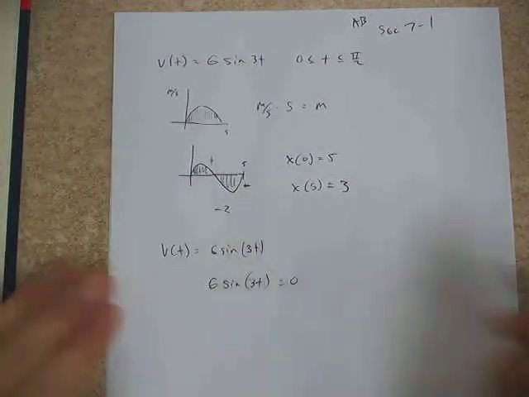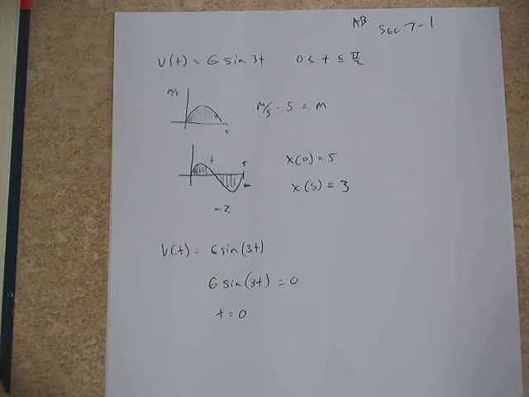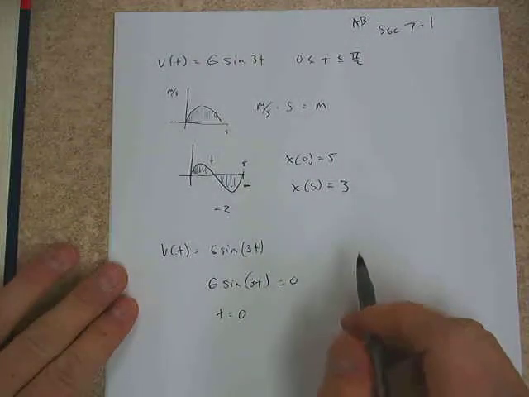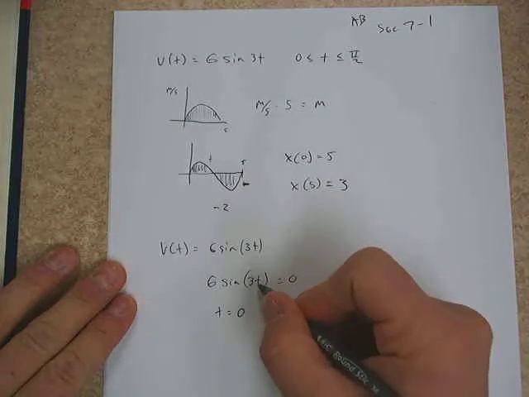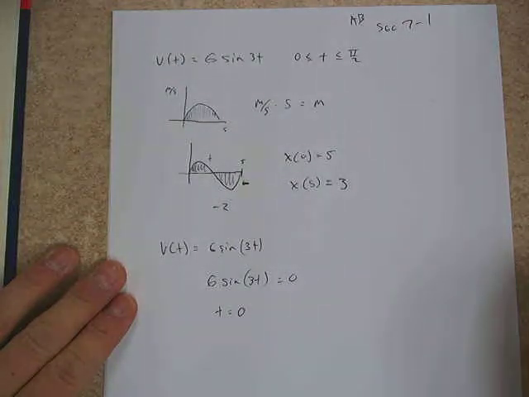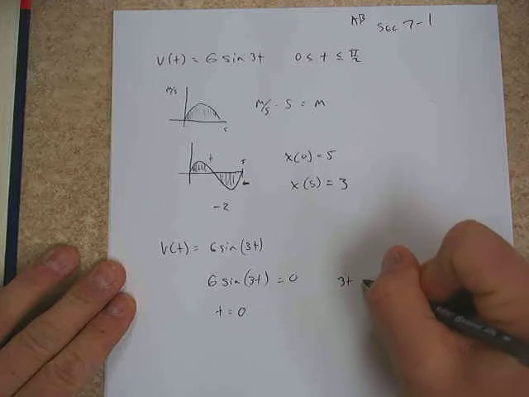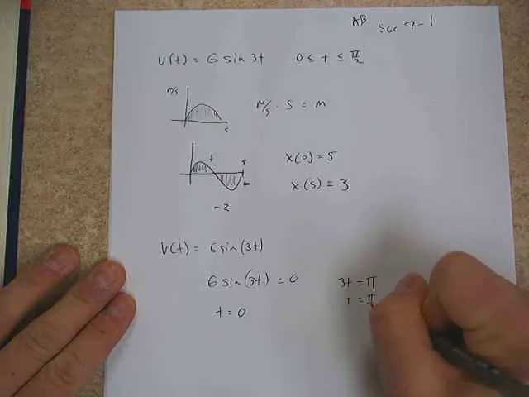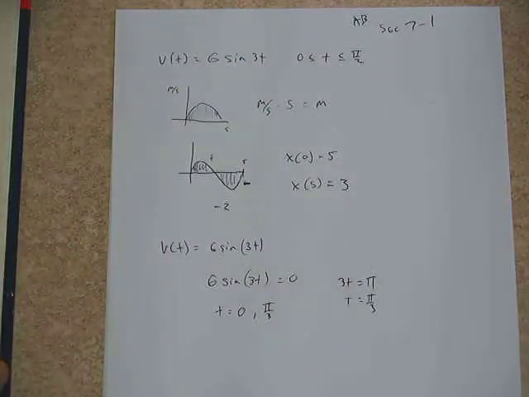Well, we know that at 0 itself, that's going to be a candidate, because if time was equal to 0, we'd have 0. We also know that sine becomes 0 again at pi. So to have pi here, the question is, what would the t have to be to give us pi? Well, if we want 3t to be equal to pi, then we could divide and get pi over 3.